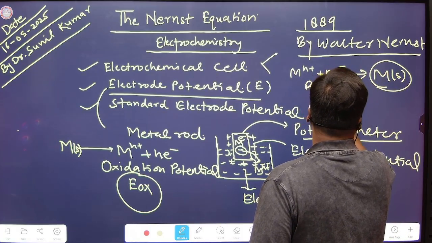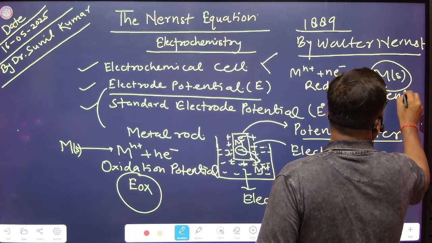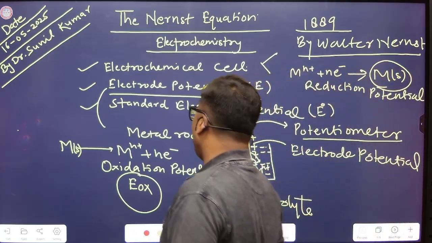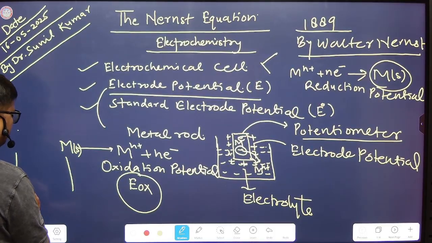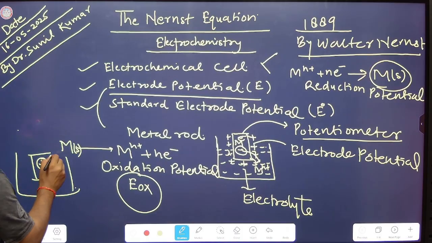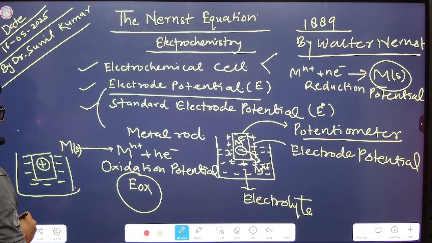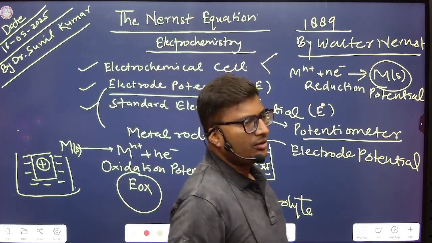In the case of reduction potential, the metal will be positively charged, and around the metal there will be a negative charge because of the presence of anions in the electrolyte solution.